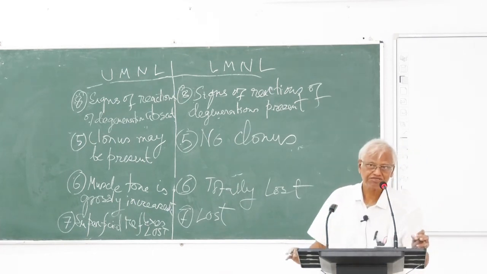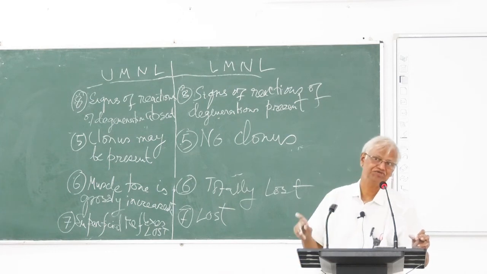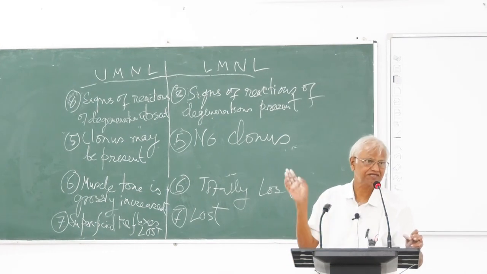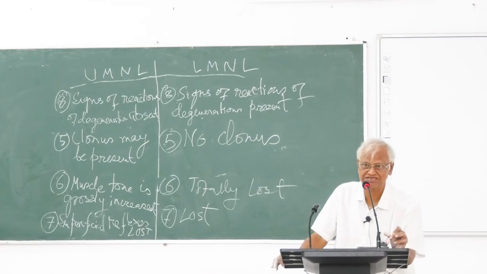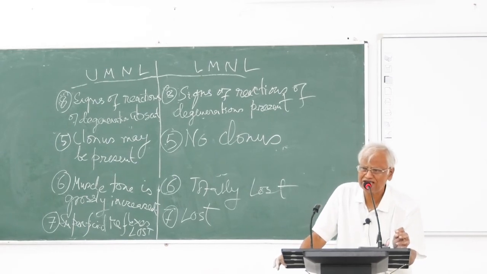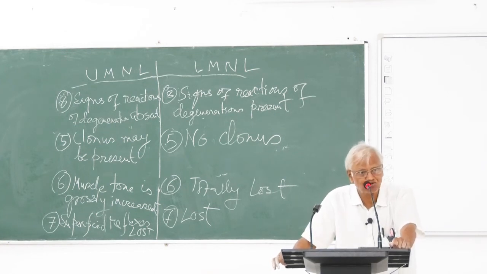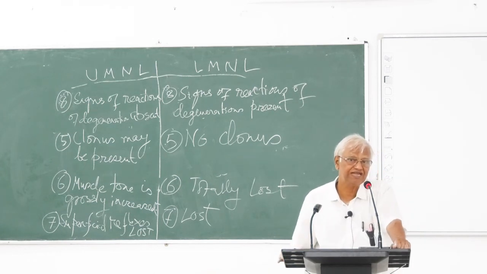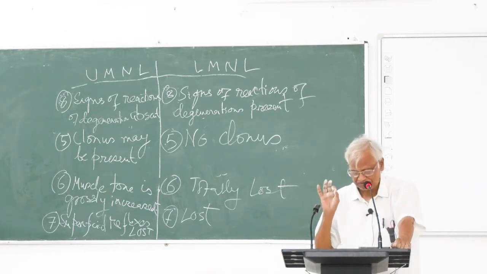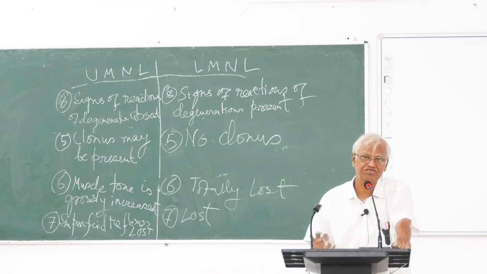Movements visible only in EMG, but never to the naked eye, are called fibrillation, and very feeble fine movements visible to the naked eye are called fasciculation. Now in upper motor neuron lesion, no fasciculation, no fibrillation. In lower motor neuron lesion, in the later phase, fibrillations and fasciculations may be observed.